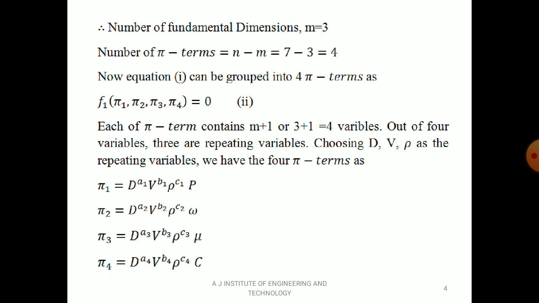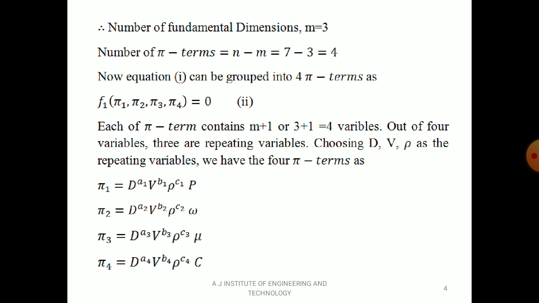So now we can write expressions for 4 pi terms. For pi 1, that is equal to d to the power a1 into v to the power b1 into rho to the power c1 into p, that's the thrust force. Pi 2 equal to d to the power a2 v to the power b2 into rho to the power c2 into omega. Omega is angular velocity.